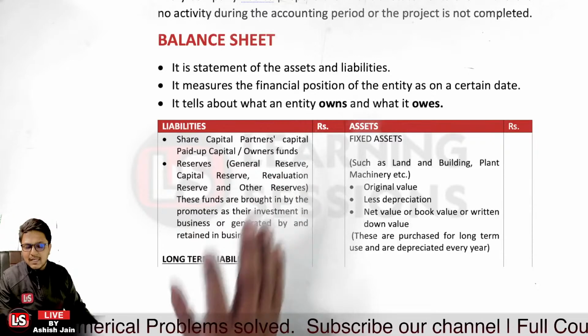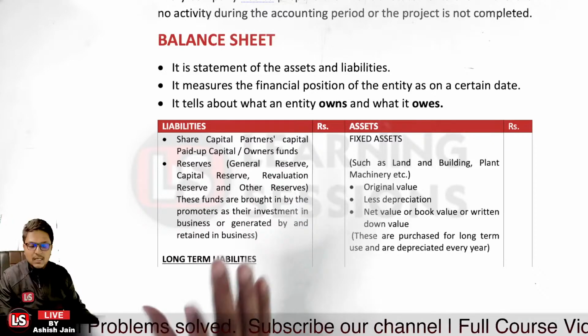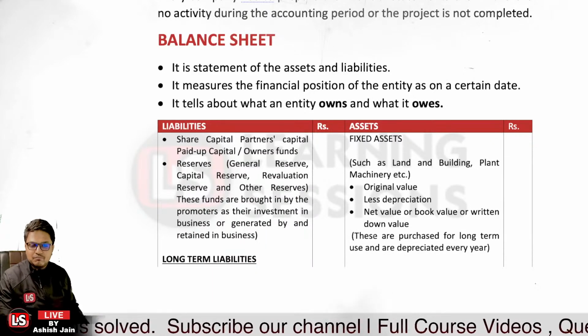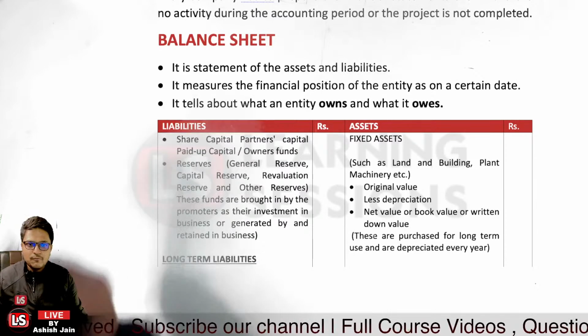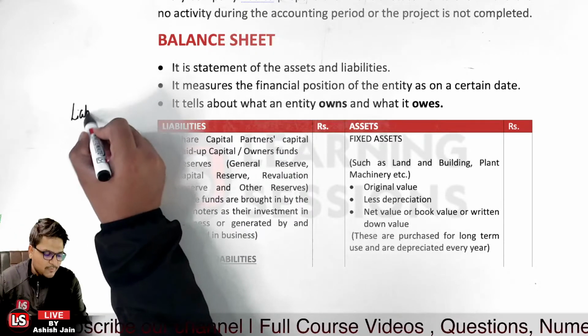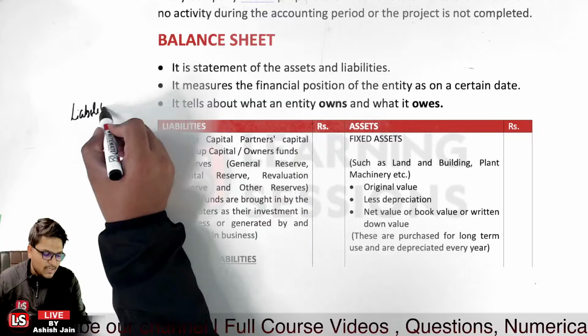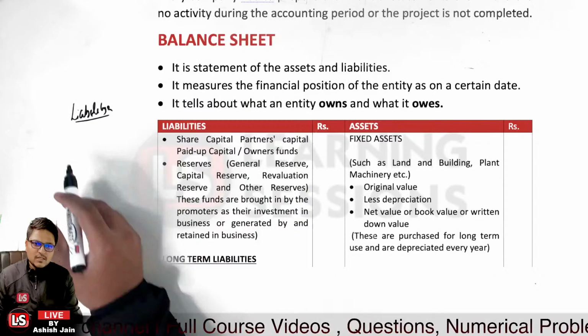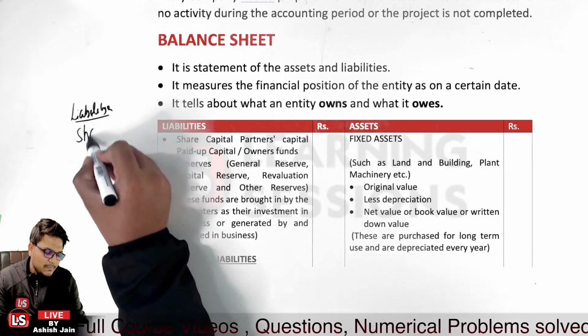Further, the classification part goes like, on the liability side, first of all, you are having the share capital. I'm just drawing it for more clarification and clarity over there. We are having the liabilities.